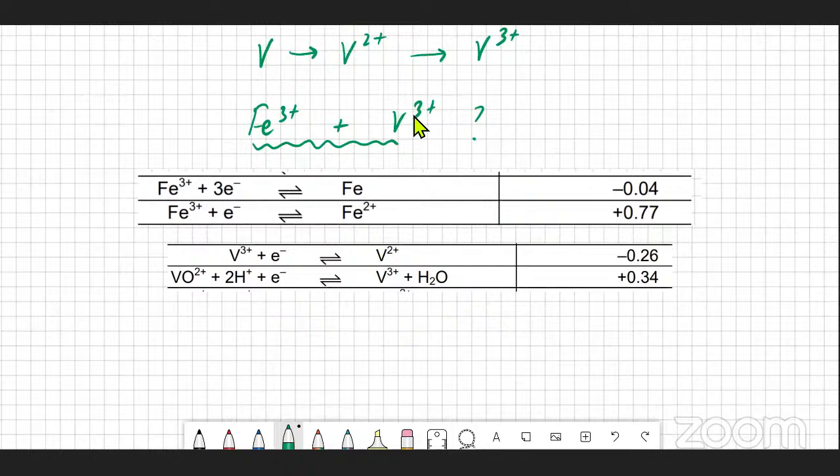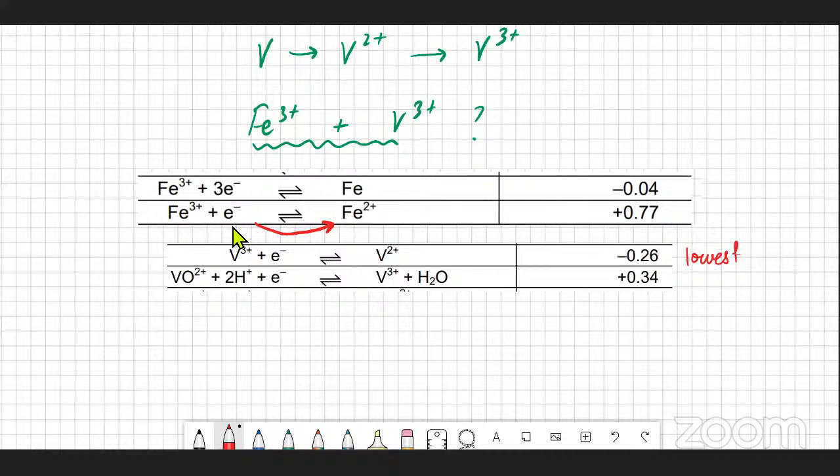Is it going to react with V3+ or not? If you look over here, the highest potential is Fe3+'s. So that's the one that's going to gain electrons. Now who's going to lose electrons? The lowest potential. The lowest potential in this case is this one.